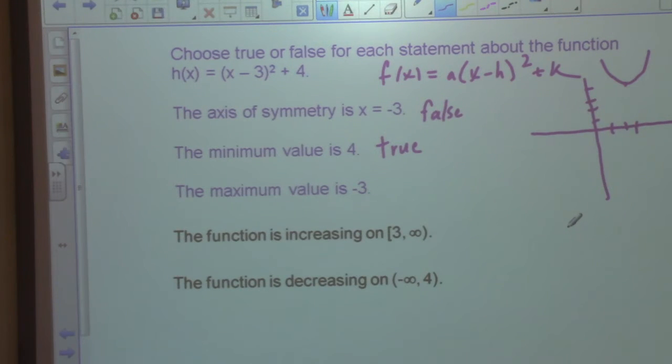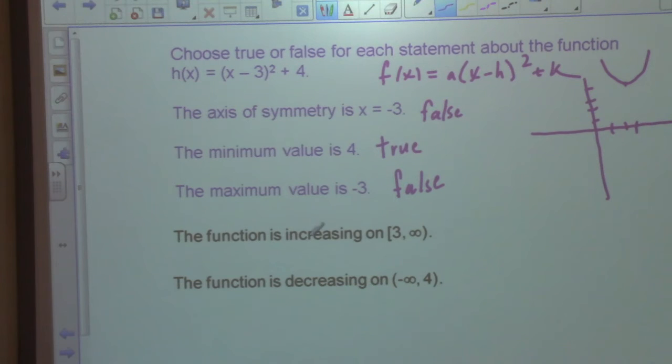Does that look right? Minimum value is 4. Is the maximum value -3? False. And is it possible for the same quadratic equation to have both a minimum and a maximum? No. So at least one of them has to be false.